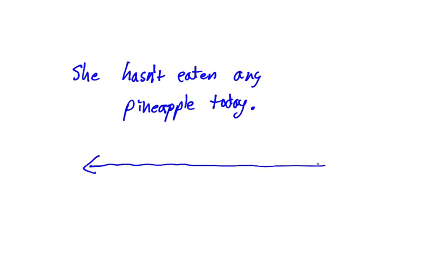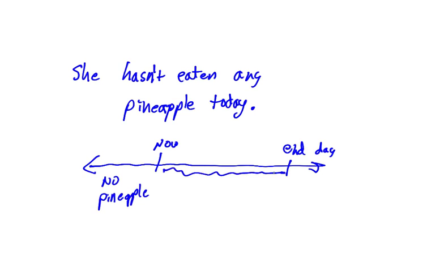So, for example, here's the end of the day, end day. Here's now. So far, no pineapple. But there's all this time here that there could be some pineapple eaten. So it's an unfinished time. That the quantity could change, or the number could change, or the situation could change.